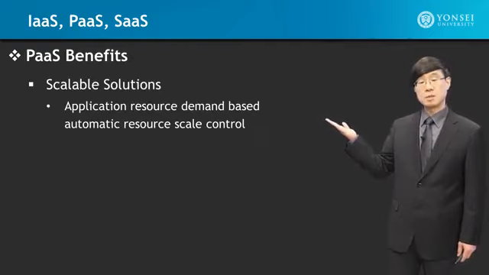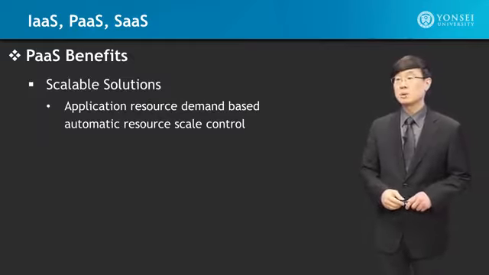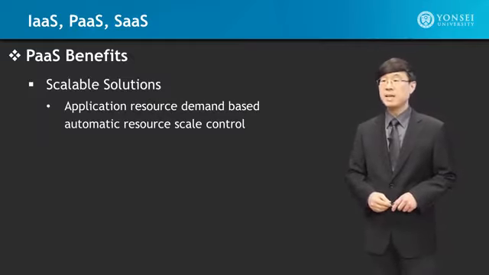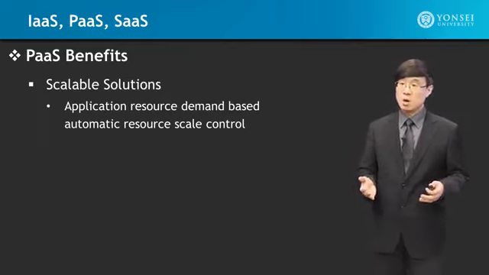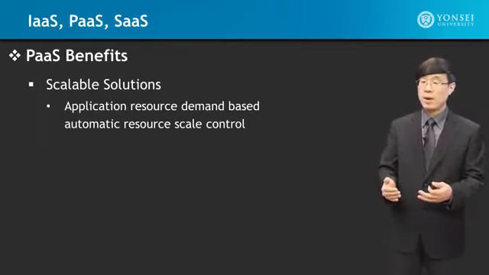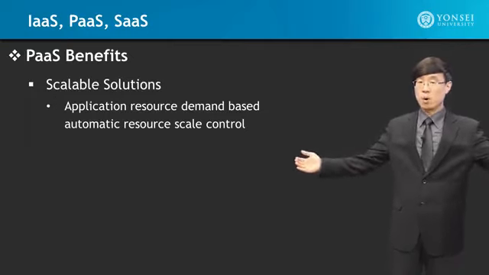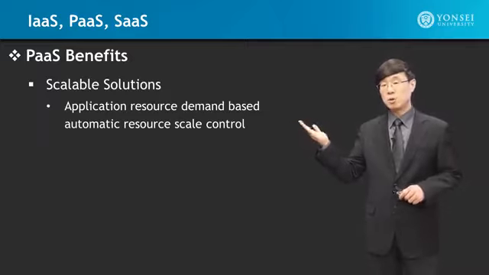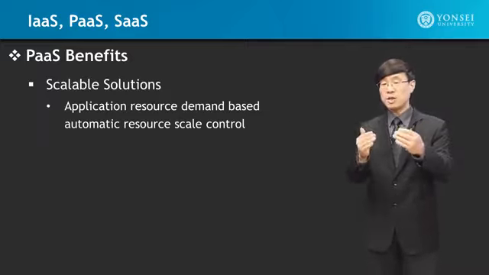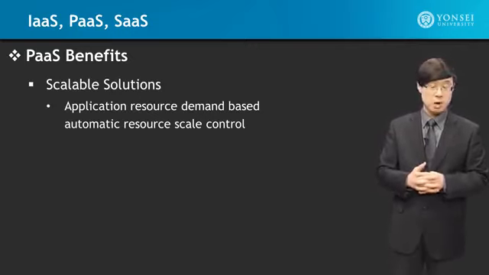In addition, scalable solutions include application resource demand-based automatic resource scale control, meaning that you are going to download exactly what you need. In addition, when others are using it more and more as a big development team where you're going to design something together, then you will be able to mix and match all the different designs in a way such that they can all be brought together homogeneously.